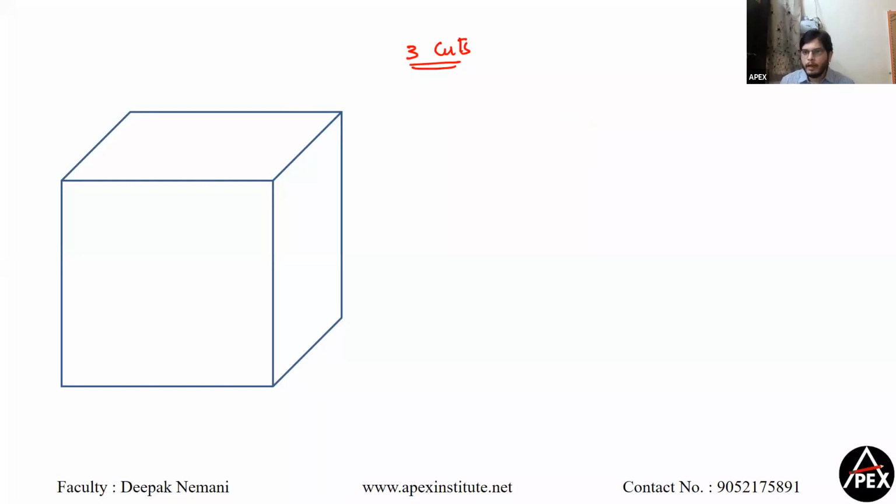Okay, minimum 4. Now let's discuss when we will get the minimum number of pieces. Can someone tell me? You can switch on your mic and speak. All cuts are in the same direction. Perfect.